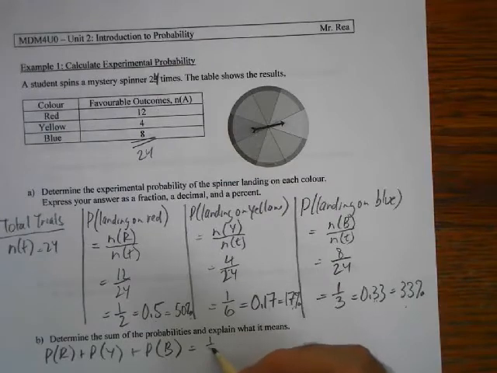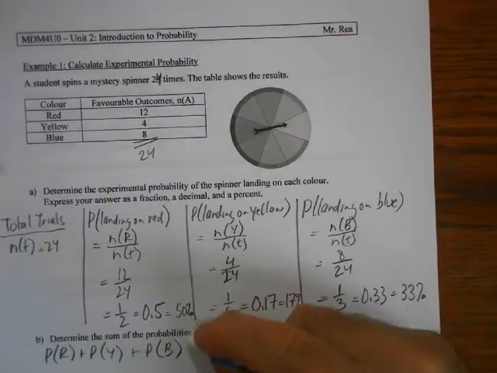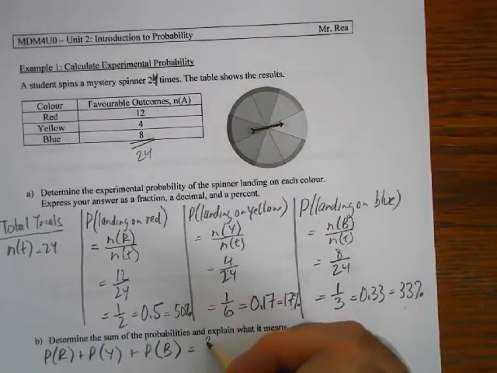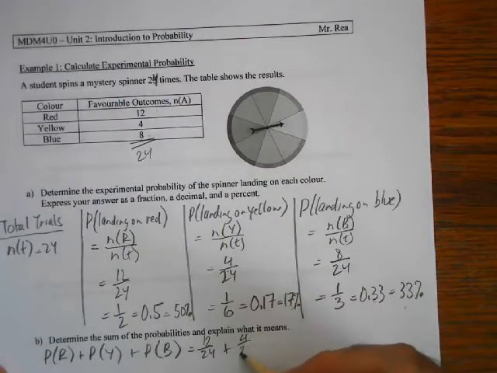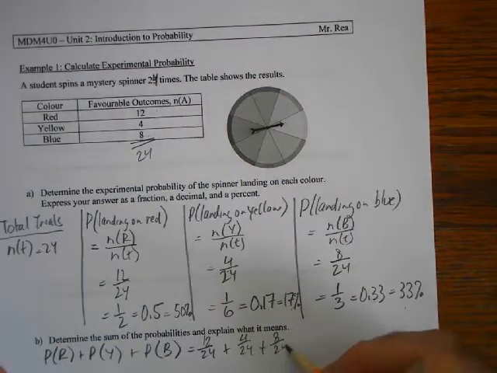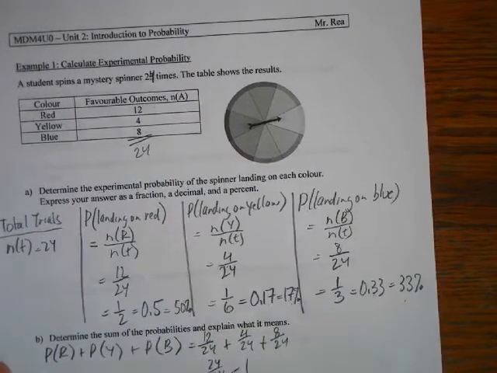Actually, I'm going to use the over 24, it's easier to add then. So 12 over 24 plus 4 over 24 plus 8 over 24. And I'm sure everybody saw this coming. This is equal to 24 over 24, which is equal to 1, which means 100%.